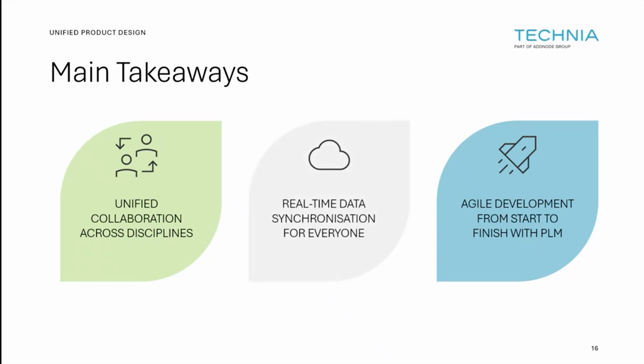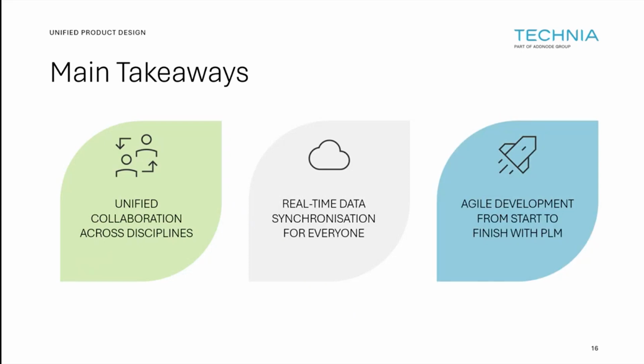Second, real-time data synchronization for everyone. The integrated platform ensures that any design changes are visible to everyone in real time. This reduces errors, accelerates iterations, and helps eliminate delays caused by outdated information, ensuring that everyone is always on the same page. And finally, agile development from start to finish with PLM.